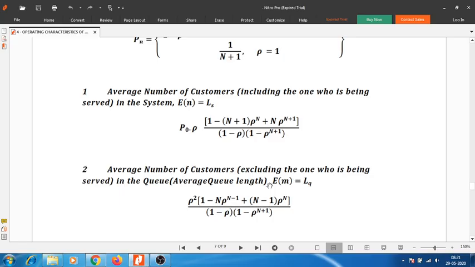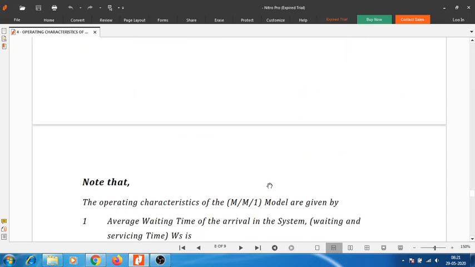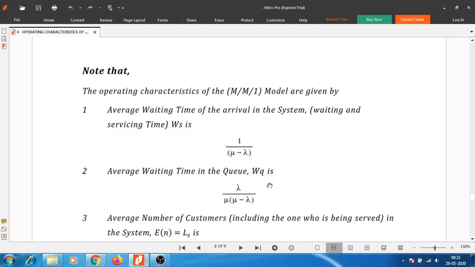Are you okay? Right. Before leaving, note all these points, the operating characteristics of the queuing model. First, the average waiting time of an arrival in the system, WS, is equal to 1 by (mu minus lambda).